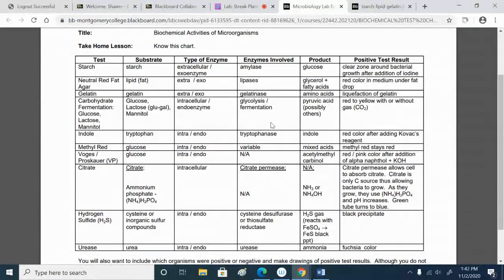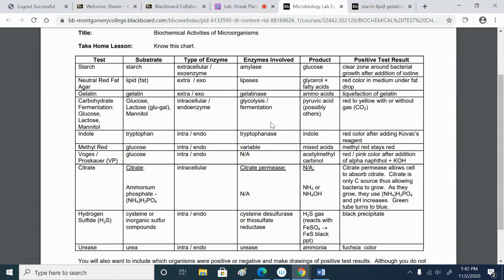So amylase is secreted into the external environment. Because it's outside the cell, we call it an extracellular enzyme or an exoenzyme. That way the starch can be broken down into smaller pieces, which can then be absorbed by the bacterial cell. So the bacteria must secrete the amylase into the environment to break down starch, and then it can absorb the smaller pieces.